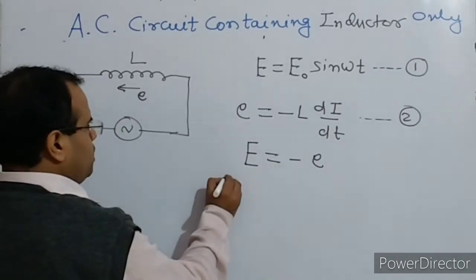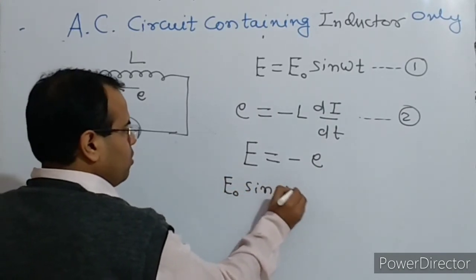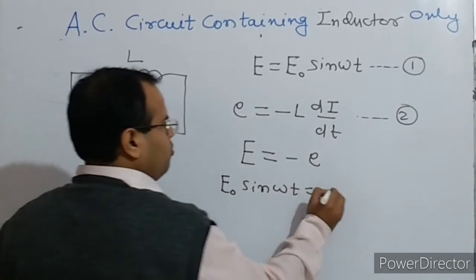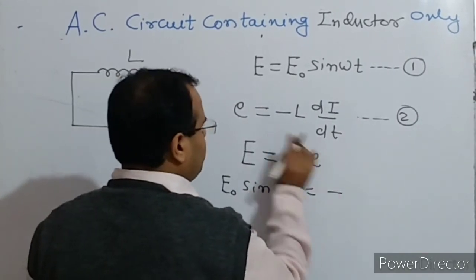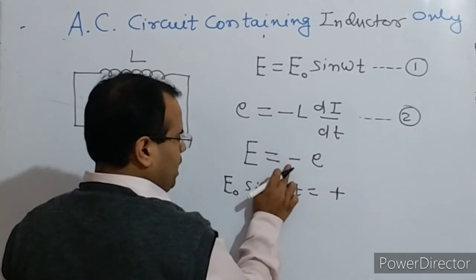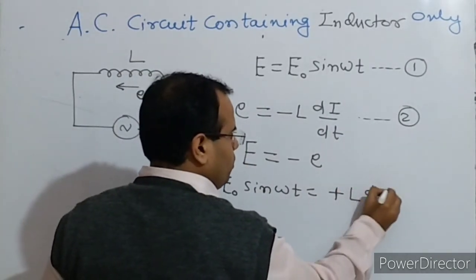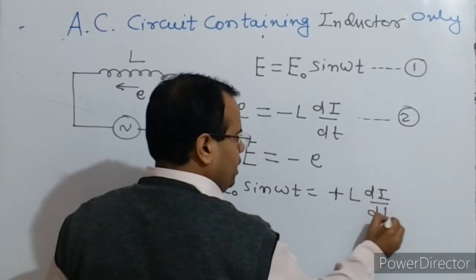So capital E is actually E naught sine omega t, and that equals minus small e, that is minus L di by dt. The minus and minus will become plus L di by dt.